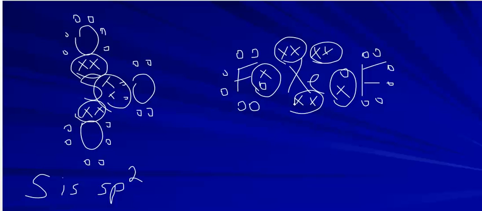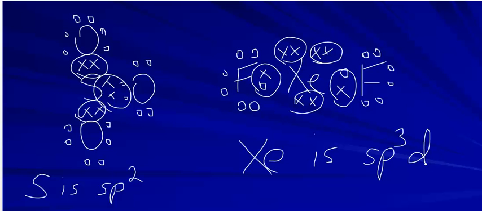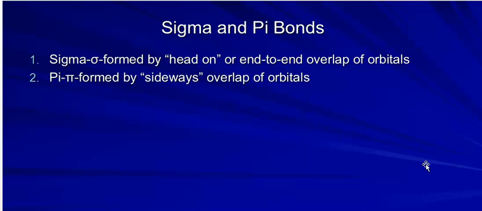Lone pairs do count. So there's actually 5 pairs of electrons around xenon. So the central element, xenon, is hybridized, since there's 5, go back to that chart, sp3d. As long as you know that chart for hybrid orbitals, you will be fine. The number of bonds goes 2 through 6.